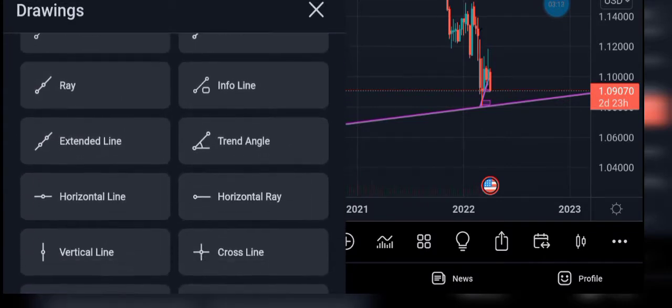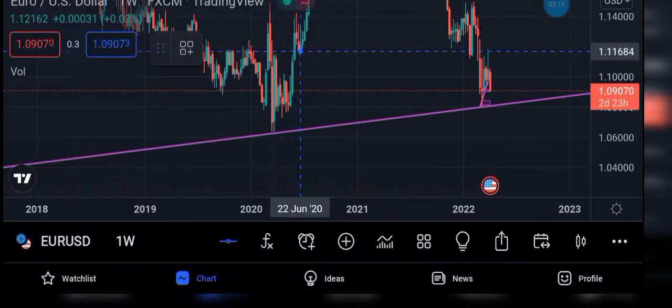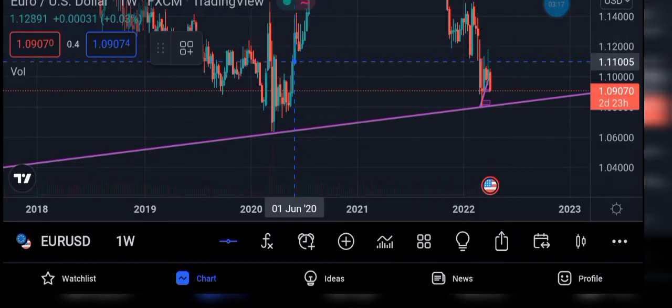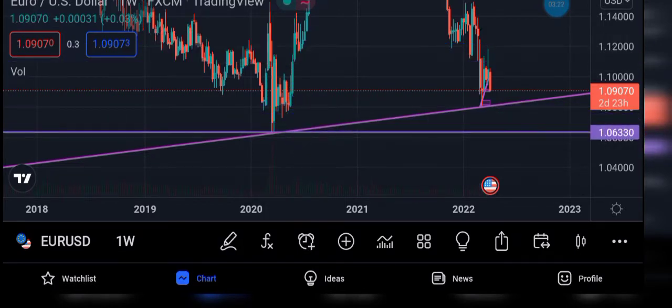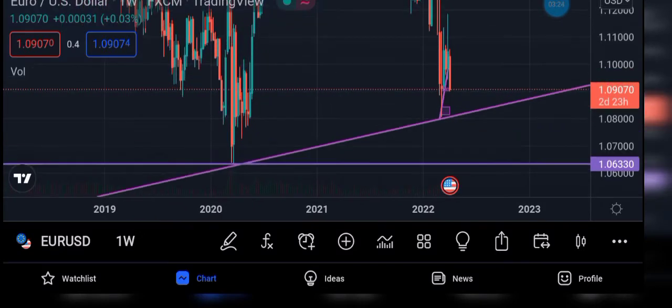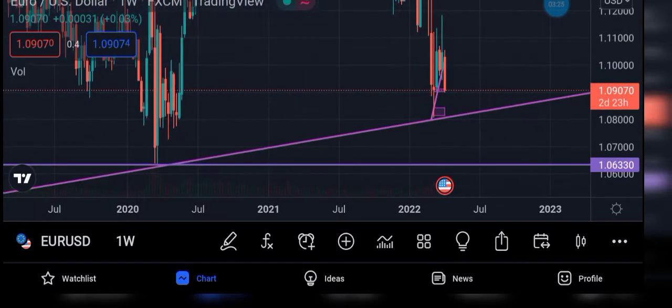Let me show you. There's also a zone here, and then there's another one here.